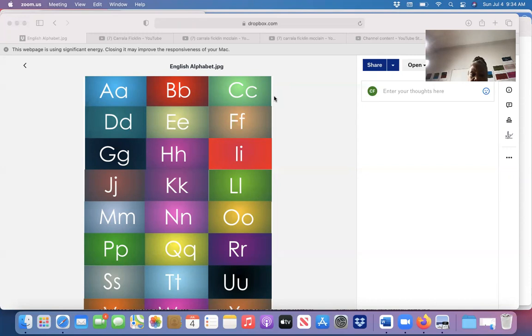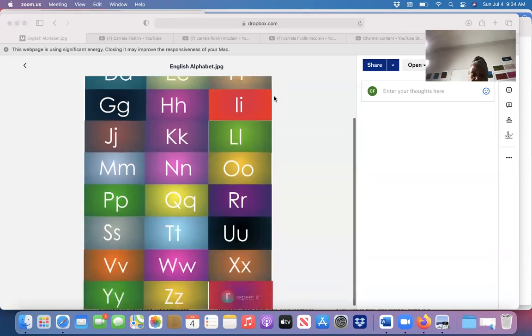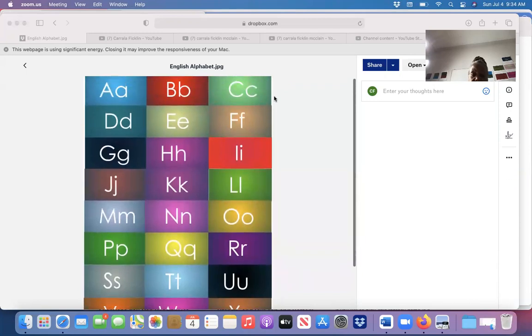I have it in uppercase and lowercase. And the A seems like it's just the A, but it's not. None of the vowels are just the vowels. So you have the A, the E, the I, the O, and the U. And it seems as if that's it.